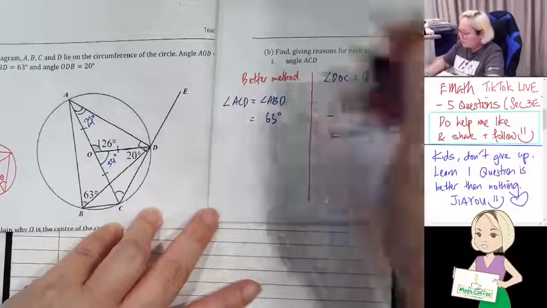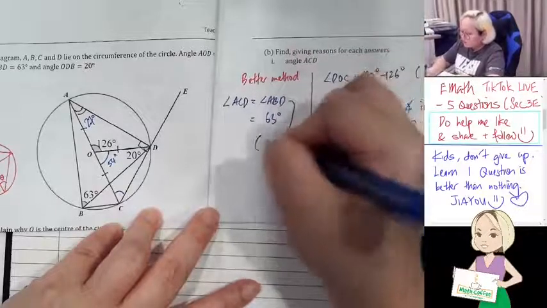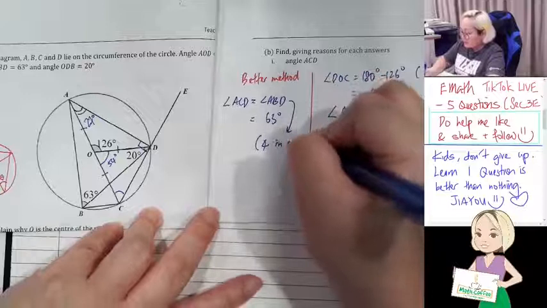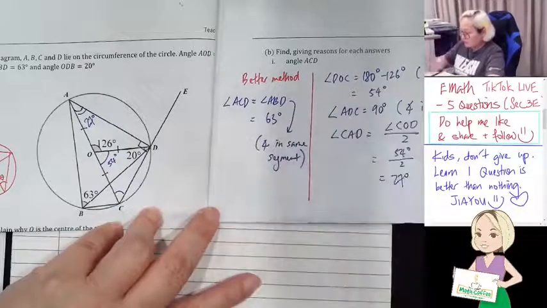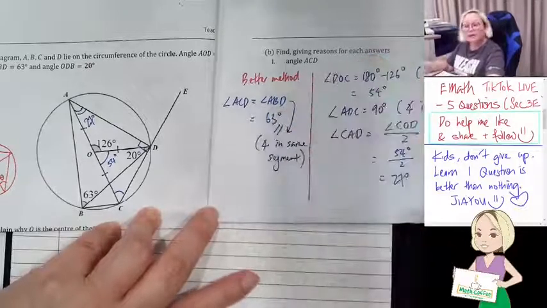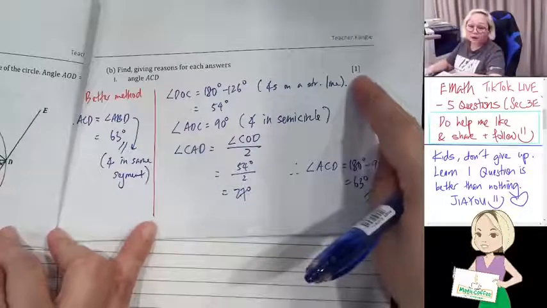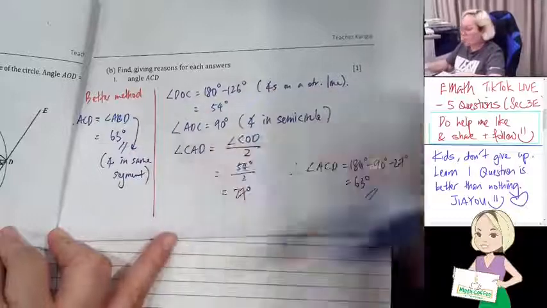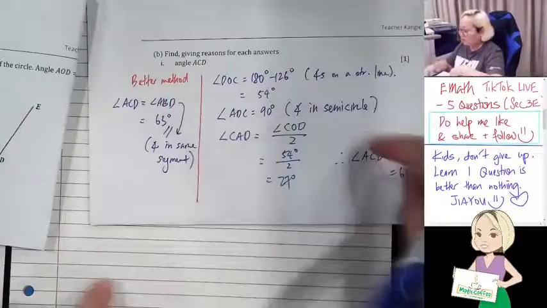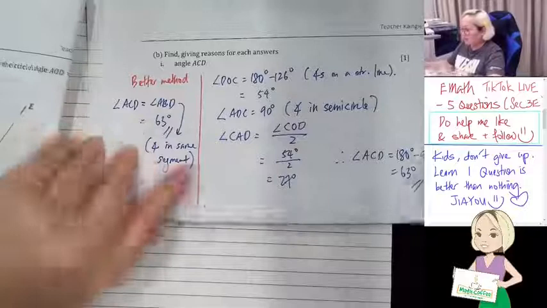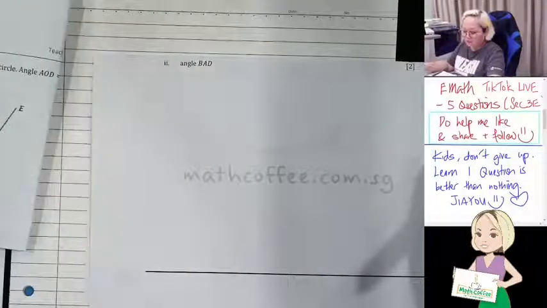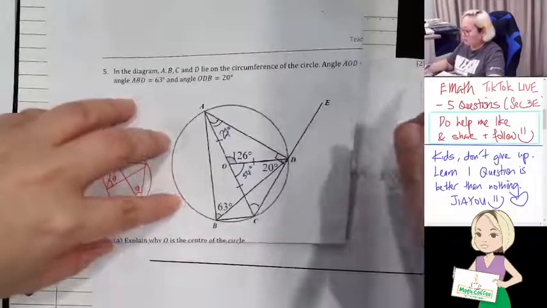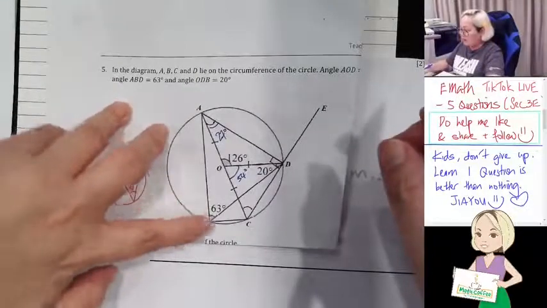And of course, for this one you will have to state the reason: angle in same segment. And you're done. Now it deserves the 1 mark. I went a long way lah. Maybe the next part will ask me to find somewhere here. BAD. Let's see whether BAD is what I already found. Almost. So they asked me to find BAD.